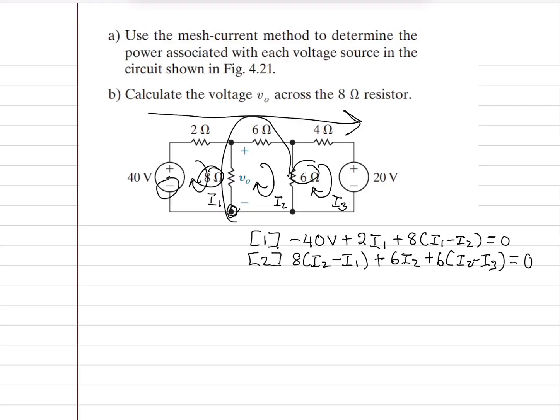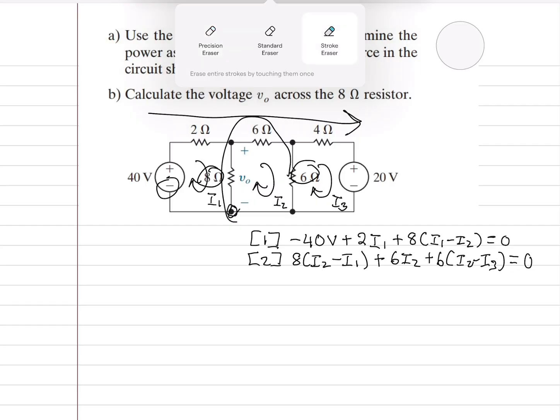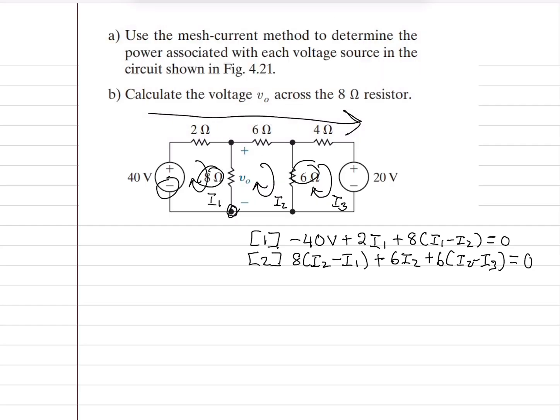If you notice, if a resistor is between two different meshes, say between mesh 1 and mesh 2, then when we're writing the equation for mesh 1 and dealing with the 8 ohm resistor, we use the mesh we're currently dealing with first: the current in mesh 1 minus the current in mesh 2.